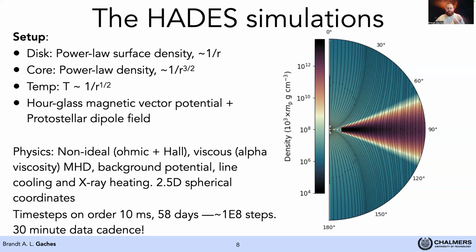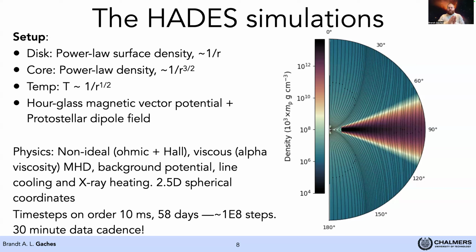One of the problems with getting these things set up and stable is that because the disk is very massive, you end up with fairly high Alfvén speeds and gas flows as well. And because we have very high resolution, our time steps sometimes tank down to the order of 10 to 100 milliseconds. So if you want to evolve for months at a time, you need a huge number of time steps. These simulations we each run on a cluster with about 500 processors each.